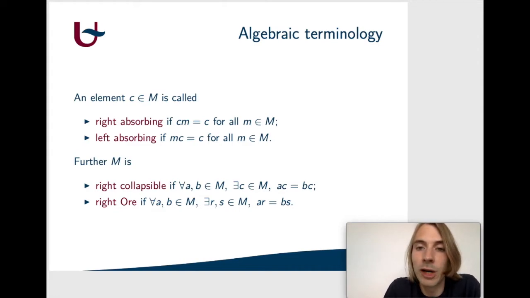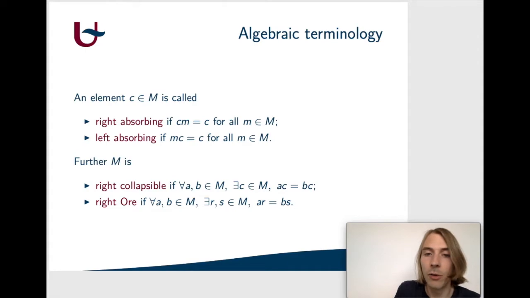So now some more algebraic terminology. An element of the monoid is called right absorbing if it absorbs elements on its right, and it's called left absorbing if it absorbs elements on its left. And further, the monoid is called right collapsible if for any two elements A and B of the monoid there is an element C such that AC is equal to BC.